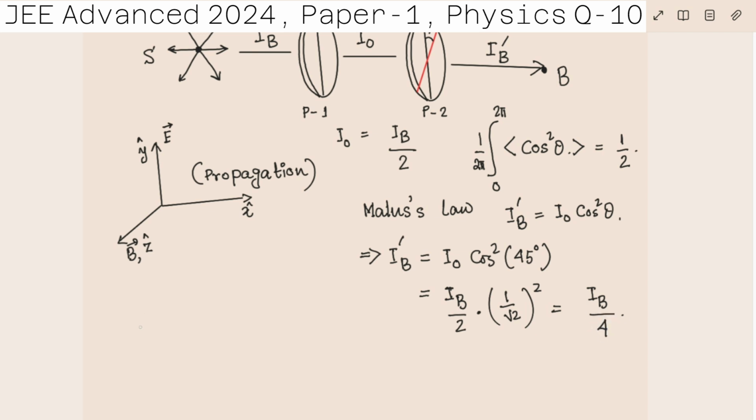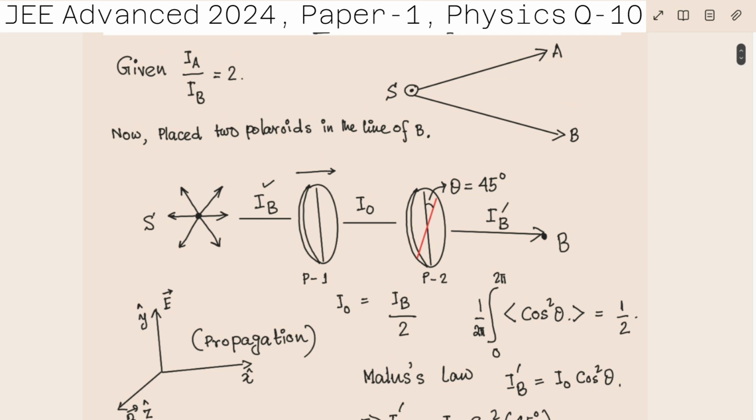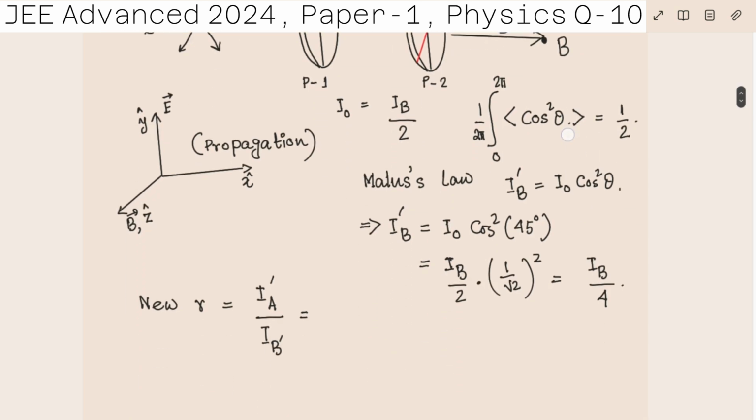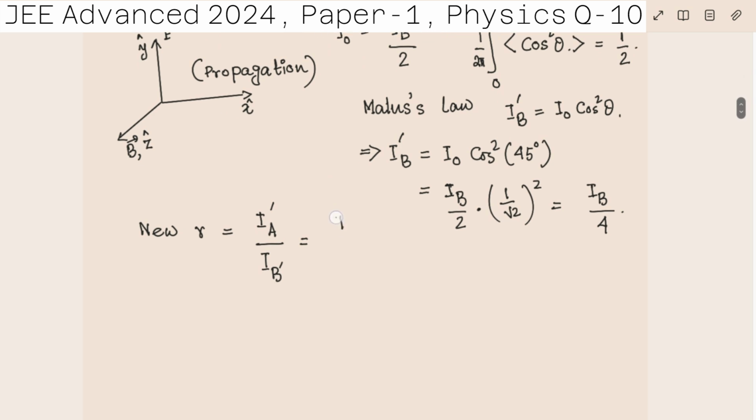Now the new R would be IA prime divided by IB prime. IA prime is the same as IA because we don't change anything in the line of A, whereas B has some modification according to the question. So IA prime is IA, and IB prime is IB by 4.